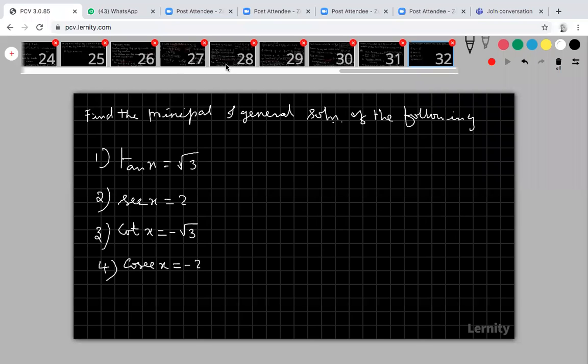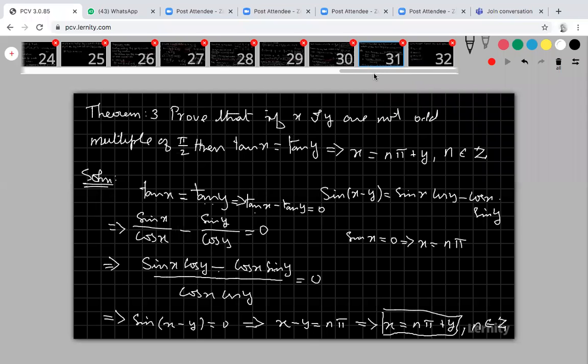What is the question you are asking? Why should we write sin x by cos x form only? For tan x we have this formula. We know the solution for sin x: sin x is equal to 0, cos x is equal to 0. So once I apply tan x is equal to sin x by cos x, and here sin y by cos y, I am getting sin of something equal to 0.